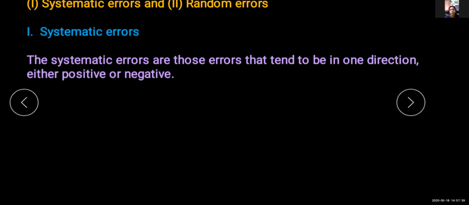Error is given by actual value minus measured value. In the case of the third person, actual weight is 42.0 and measured weight is 43.0. So error is 0.5. We see that in all these three cases, error is a constant 0.5, in the same direction.